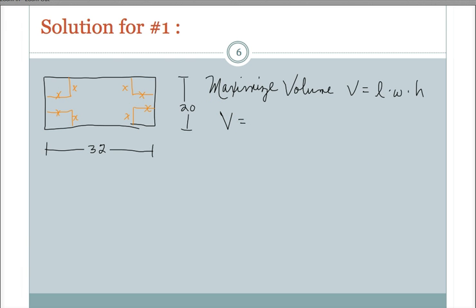All right, so let's start with the length. Well, the length, let's call the side that's 32 the length. Now remember, you're cutting out these squares on the ends. So really the only part that remains for the box is that part right there. So that length can be given by 32 minus 2x.